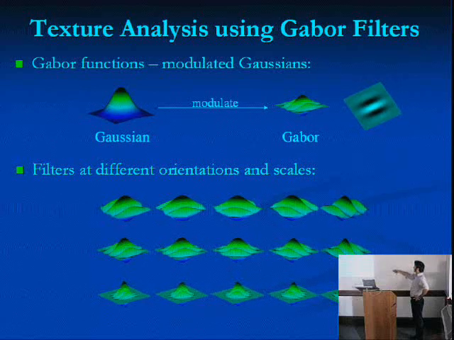By designing different Gabor filters based upon different Gabor functions, different convolutional kernels, we can derive a set of filter banks tuned to different granularities and different orientations. If we look down on top of one of these Gabor functions, it'll look like this.